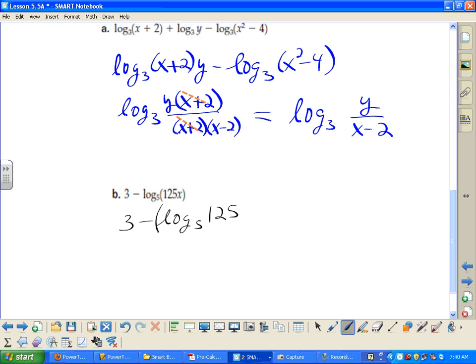And then I'm going to put parentheses here, plus the log base 5 of x. Right? Since I have the multiplication 125 times x, then I can have addition here. Notice that I put the parentheses in because this minus affects that whole quantity. Right? So I can simplify this. So we have 3 minus the log base 5 of 125 minus the log base 5 of x.